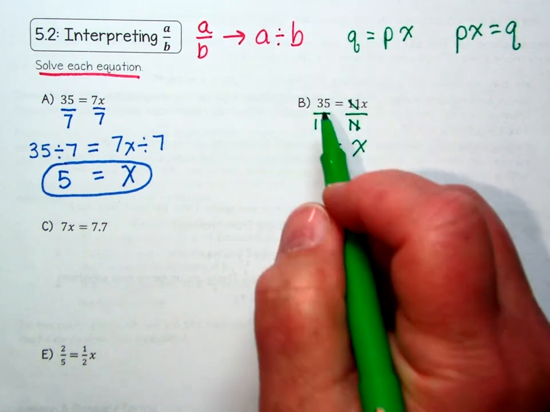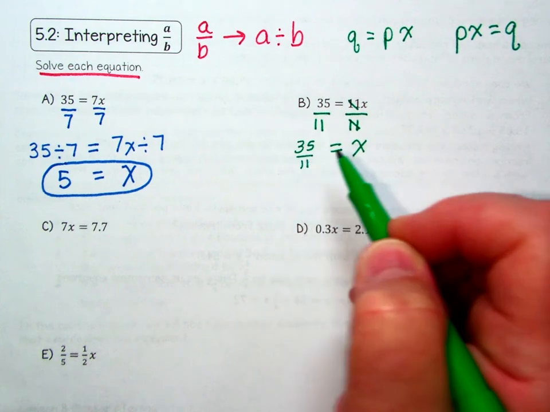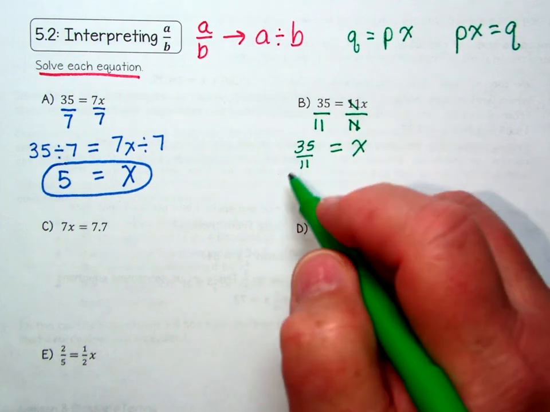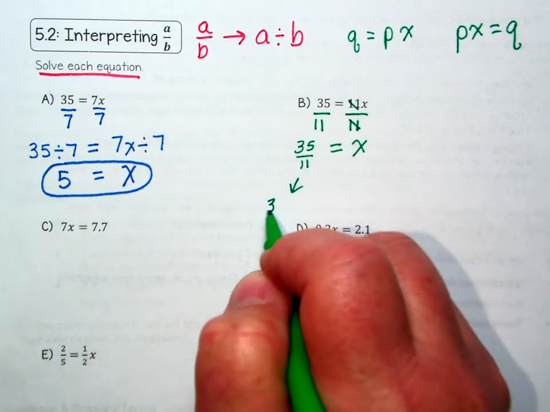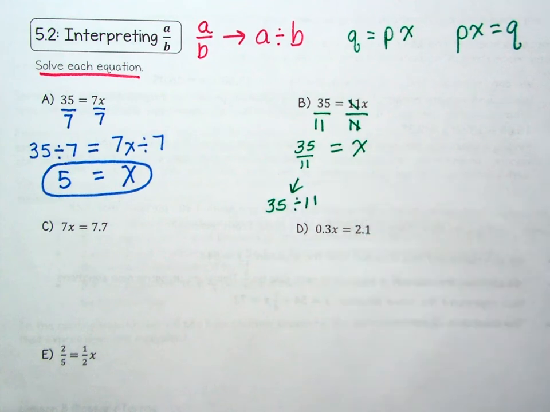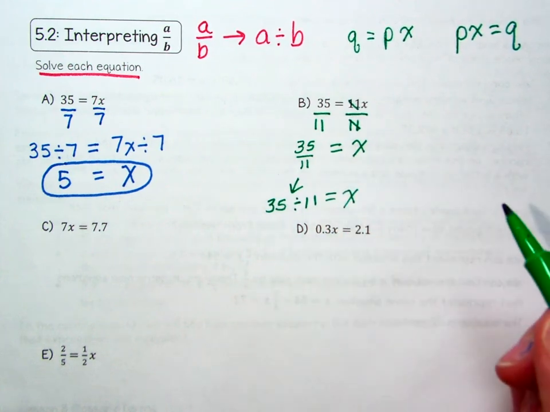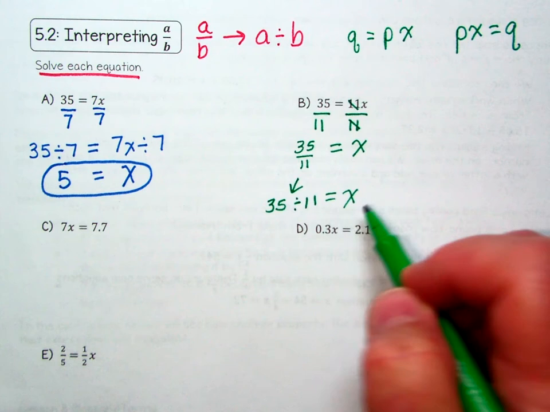And on the left side, I have 35 divided by 11. Now, I know that this means 35 divided by 11. But if I were to write that like this, it looks like an unfinished problem, 35 divided by 11.